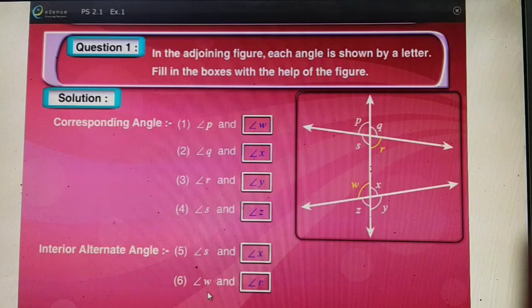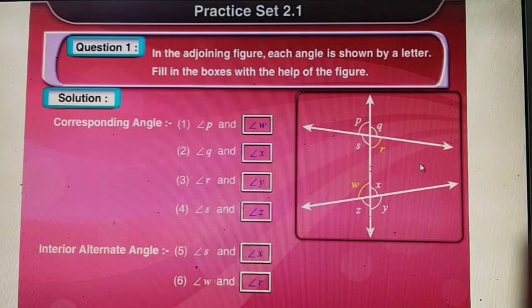You can see angle W and angle R form a Z-like structure. Here also it was forming a Z-like structure. When a Z-like structure is formed, we call them alternate angles. But since they are inside the two parallel lines, we call them interior alternate angles, not exterior.